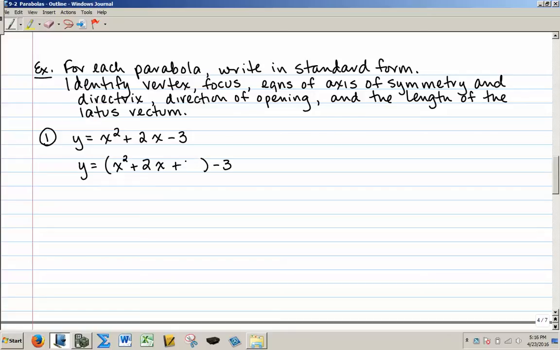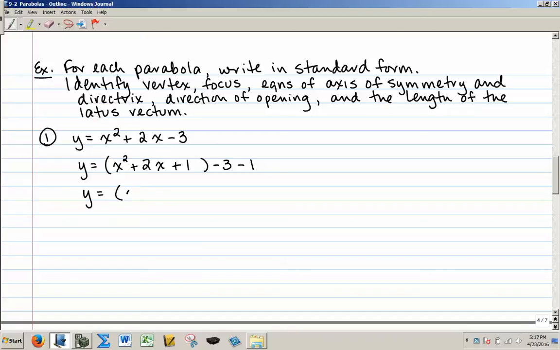So I'll add a 1 here, but since I added 1 to this equation, normally what I would do is add 1 to the other side, but I want to leave y all by itself here. So if I add 1 to the right of the equal sign, I can subtract 1, and that basically cancels it out. So I haven't changed the equation at all. Now, factor that trinomial.